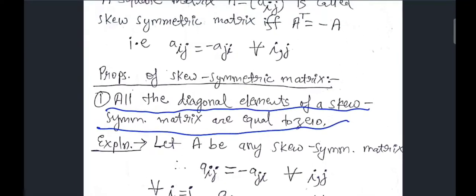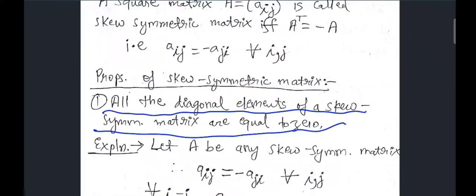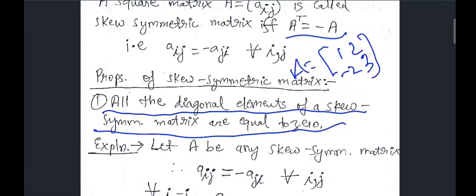Suppose I have a matrix of this kind and I take its transpose. If I multiply the matrix by a minus sign, then the diagonal elements become inverted in sign.